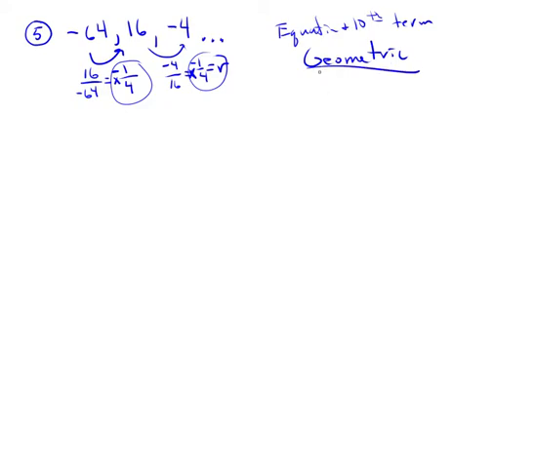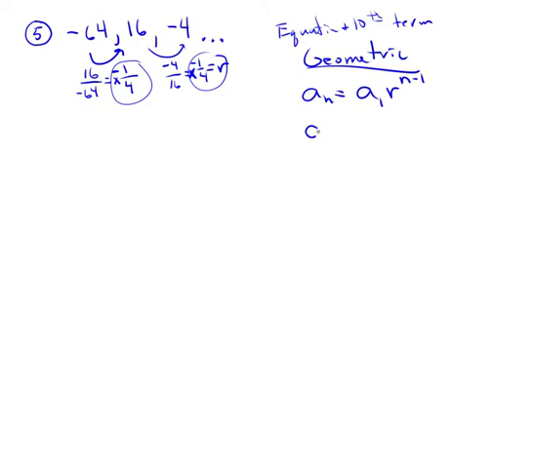and our formula for that is a sub n equals a sub 1 times that ratio r to the n minus 1 power.